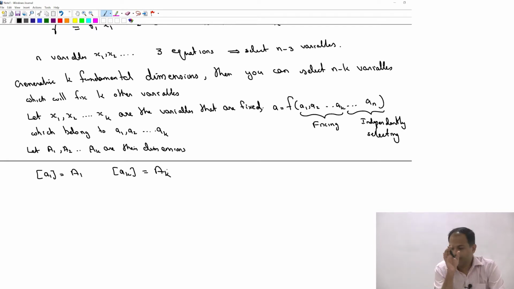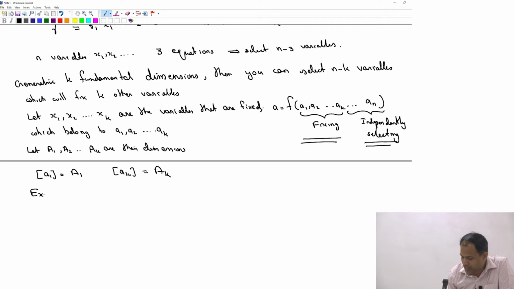For the first k variables, let's say capital A1, capital A2 and so on are their dimensions. And a(k+1) to an are the independent variables that I have, and I'm going to represent the dimensions of these independent variables in terms of the dimensions of the fixed variables. What am I trying to do?